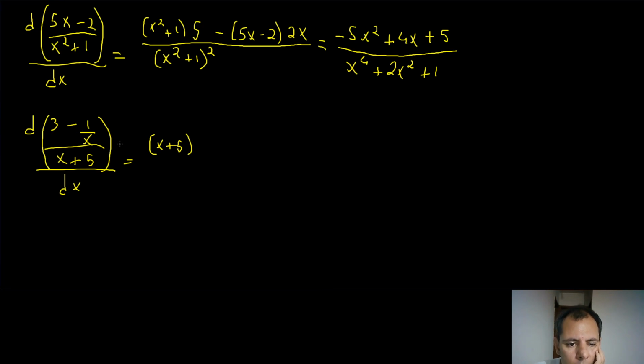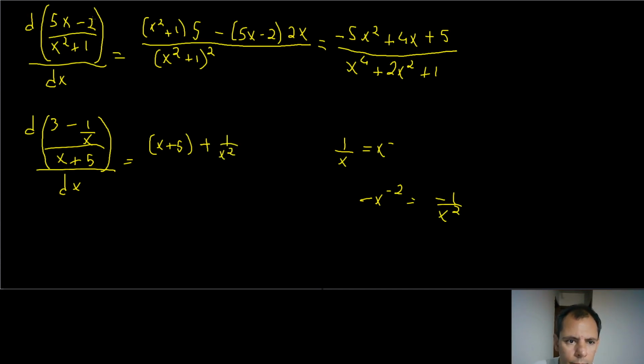Minus, I'm just going to put this minus here, and the derivative of this. Well, 1 over x equals x to the minus 1. Differentiating this, we get minus x to the minus 2, which is minus 1 over x squared, right? But this minus is being multiplied by this minus, so it's actually a plus 1 over x squared.